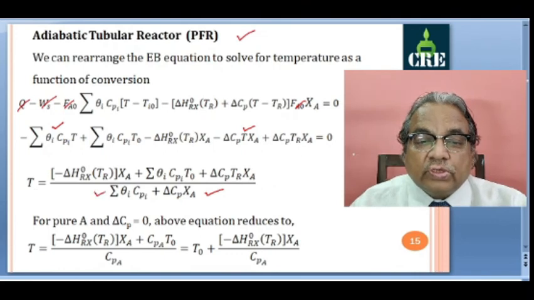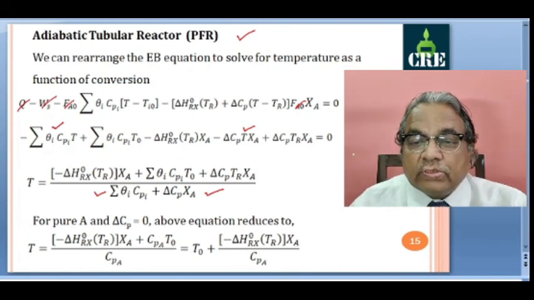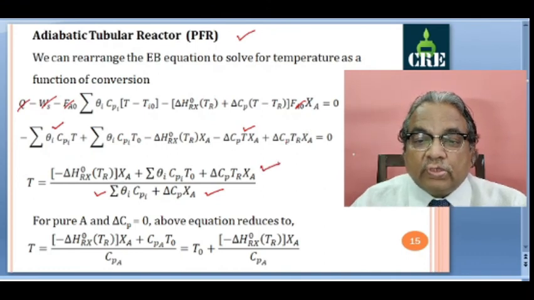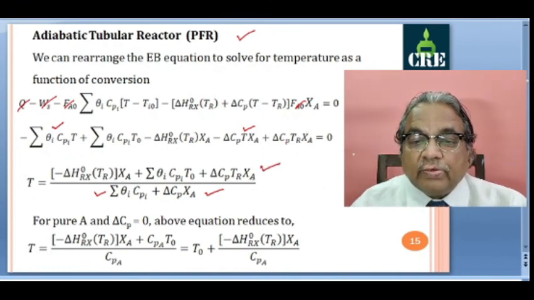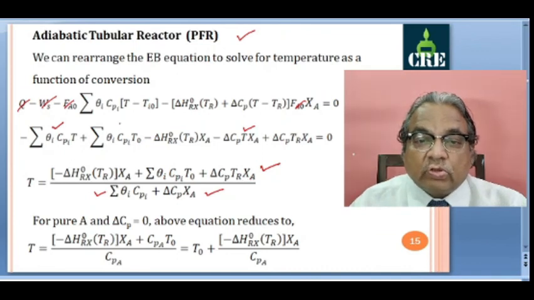So this term goes in the denominator, and on this side as it is, these terms will remain minus delta HR TR XA. This term will remain plus theta I CPI T0. This term will remain plus delta Cp TR into XA. So all these terms will remain here. So by solving for T, general energy balance equation, earlier we have solved for XA, now we solved for T.